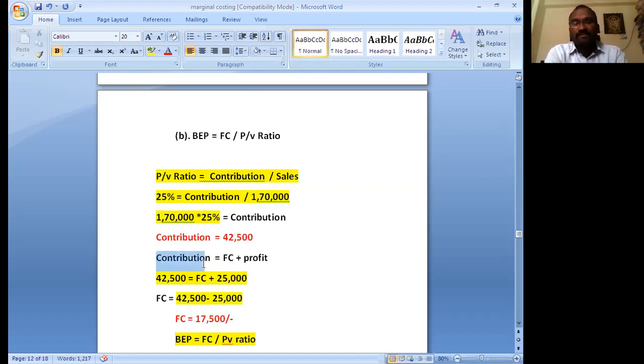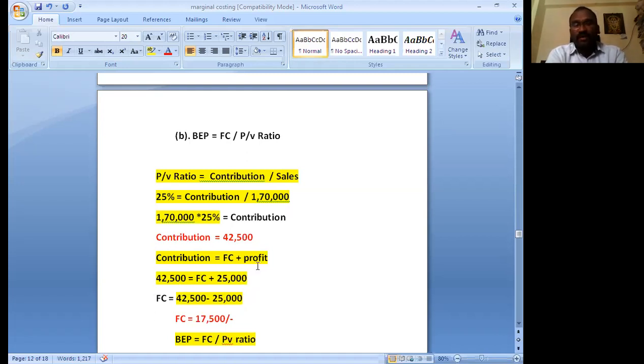You know the contribution, 42,500, equals fixed cost plus profit. Profit is the 2018 profit because you considered the sales of 2018. That's why 2018 profit is 25,000. So 42,500 equals fixed cost plus 25,000.